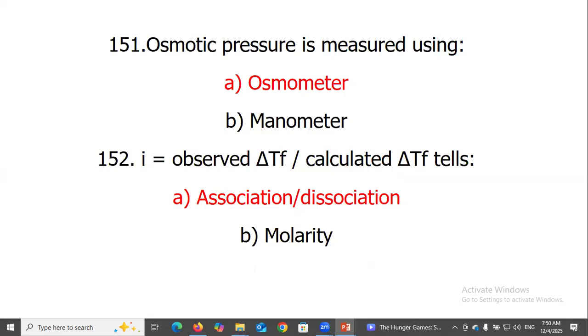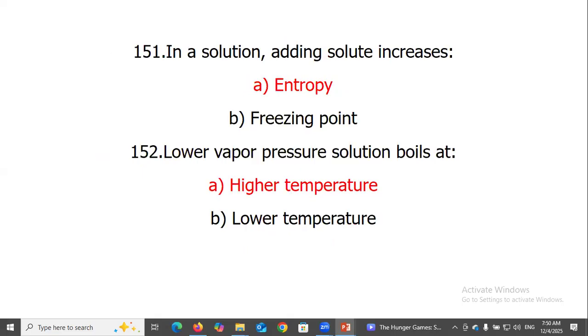Osmotic pressure is measured using an osmometer. I is found by observing delta Tf or calculating delta Tf with association or dissociation. In a solution, adding a solute increases entropy.